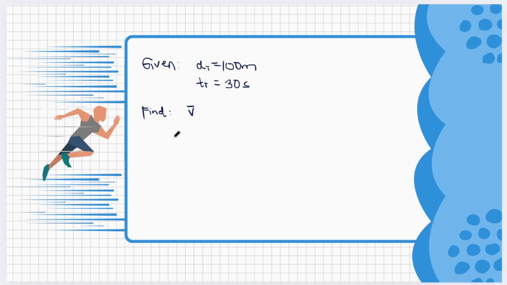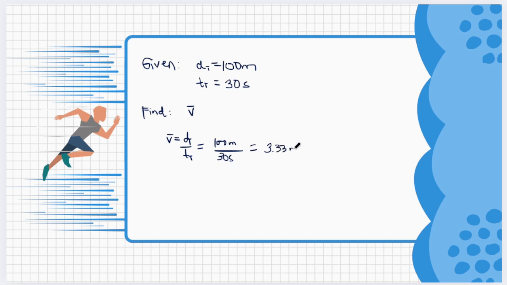So to solve that, we simply divide the distance by the time. So that is 100 meters divided by 30 seconds, and that is equal to 3.33.